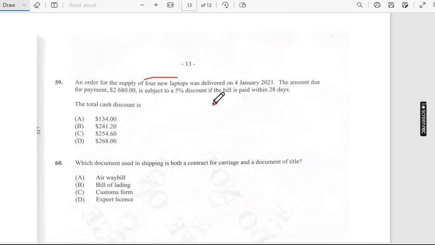So let me see if we can calculate this. So 4 times 2,680 would give us 10,720. Alright, and for the 5%, I think we want to do 5%.